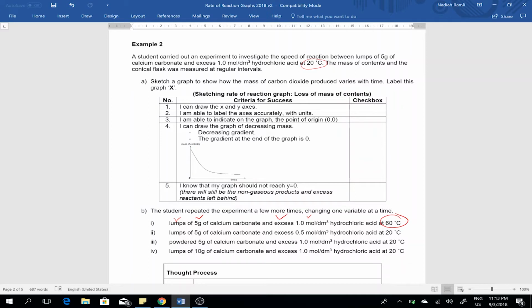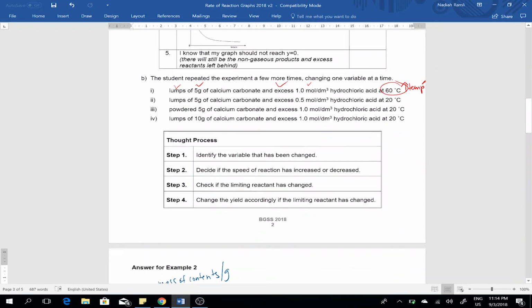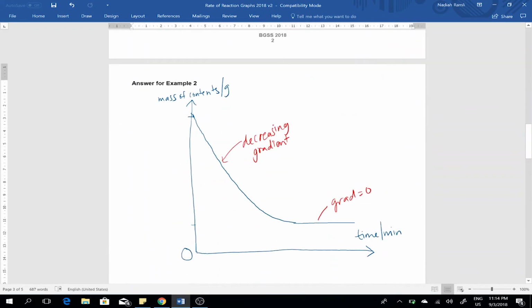So I will write the factor here, temperature increase. Alright, so let's focus on one first. When temperature increases, what happens? The rate of reaction will also increase.